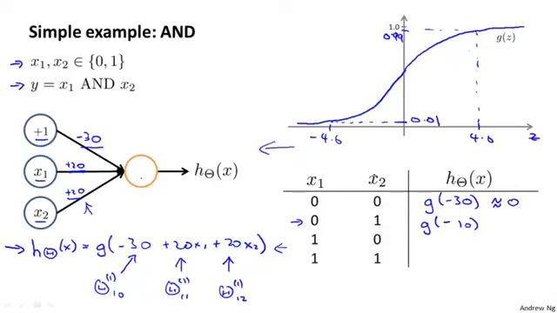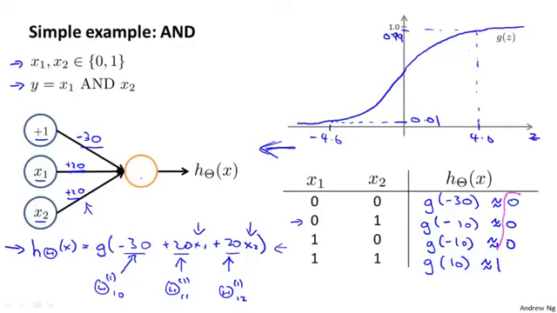Again, that's to the far left of this plot, so that's again very close to 0. This is also g of minus 10 if x1 is equal to 1 and x2 is 0: minus 30 plus 20, which is minus 10. And finally, if x1 equals 1 and x2 equals 1, then you have g of minus 30 plus 20 plus 20. So that's g of positive 10, which is therefore very close to 1.